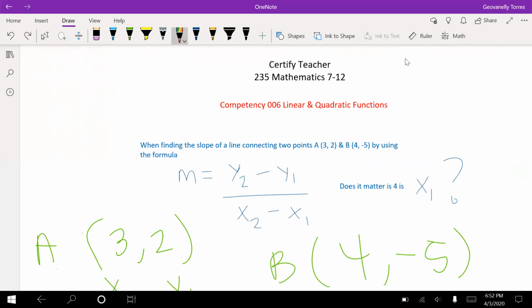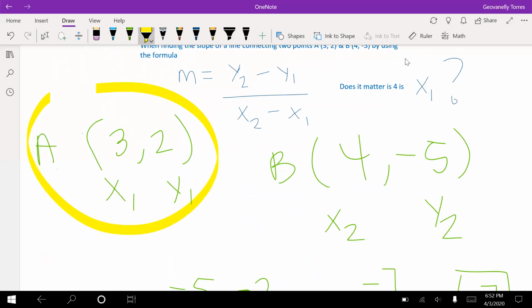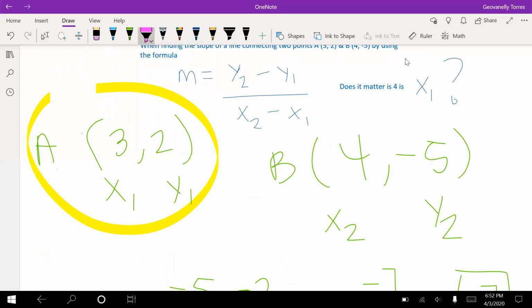So here we have the second one right here, where we kept A with the x1 and y1, and our B being x2 and y2.